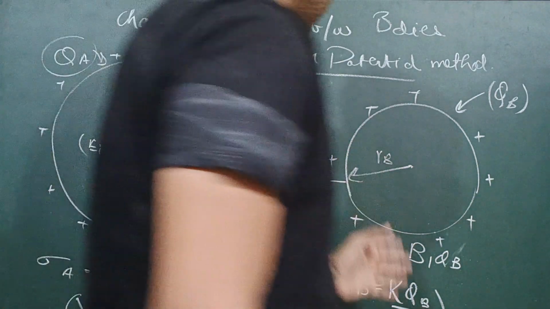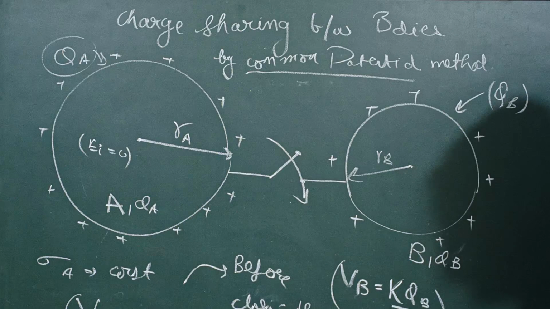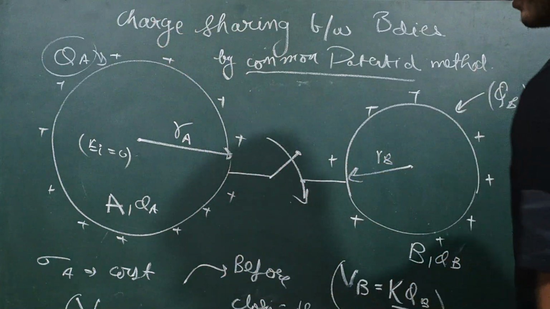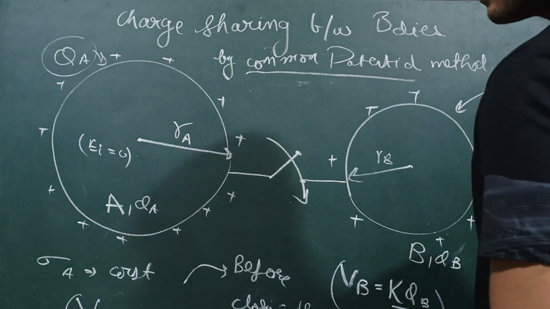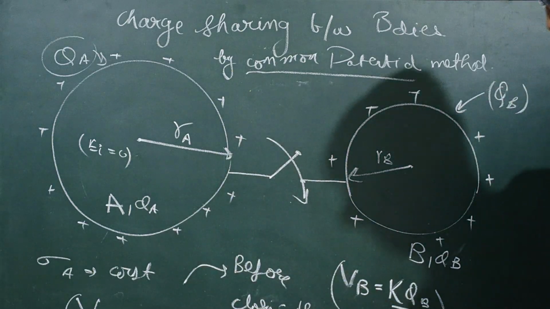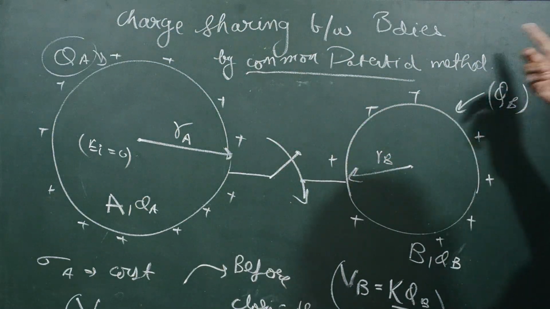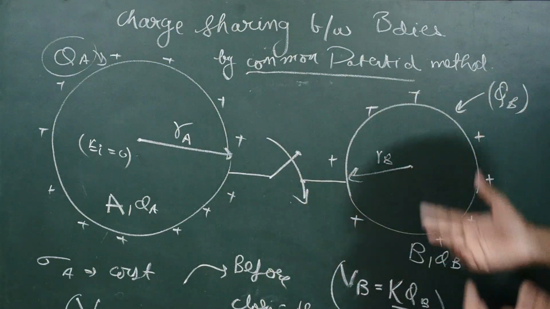And I want you to think about it once, pausing the video, what would happen to the spheres if I connect them and close the switch. Have you thought about it? Just give it a thought. Will the charge flow here, or will the charge flow there? What will be the equal charges?